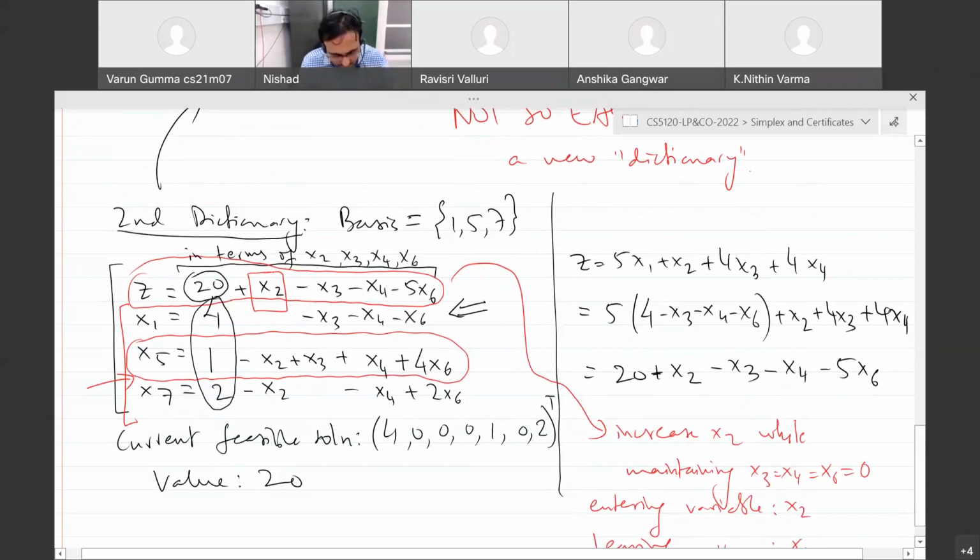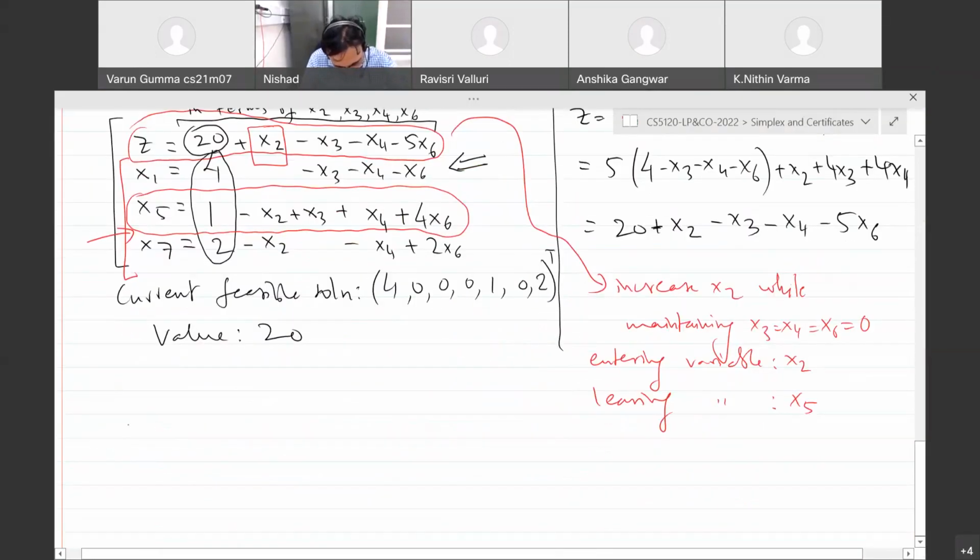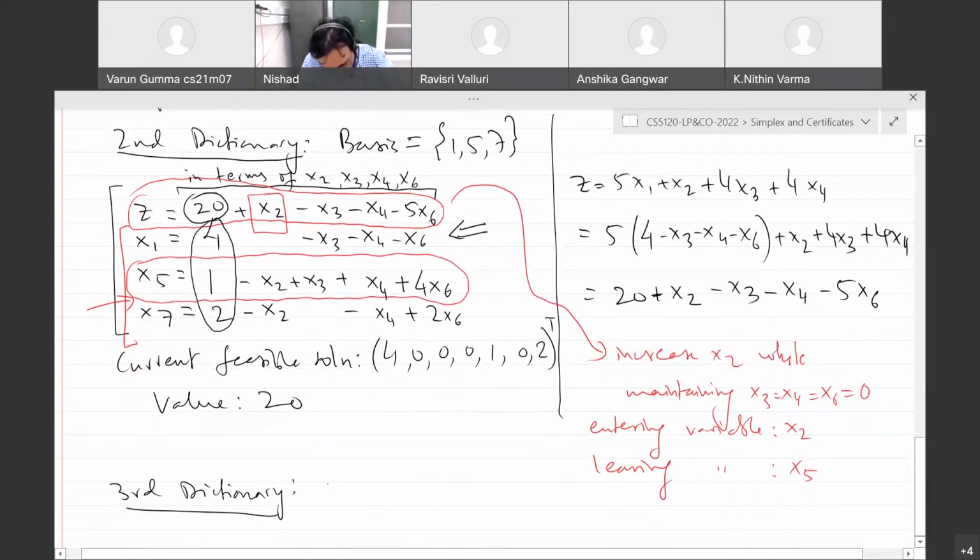Okay. So we are going to write down, as you can imagine, a third dictionary, and the new basis will be 1, 2, 7. Right?